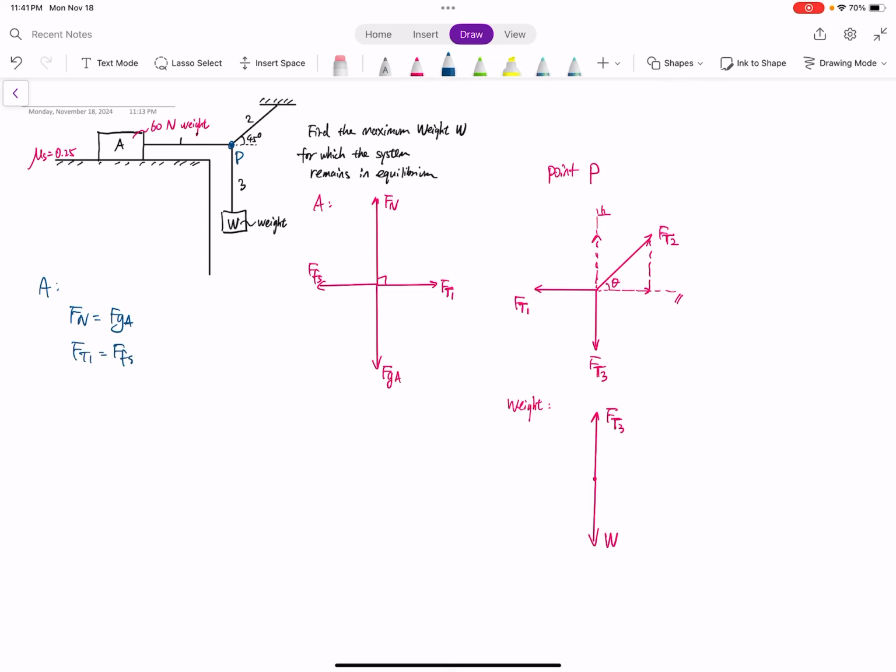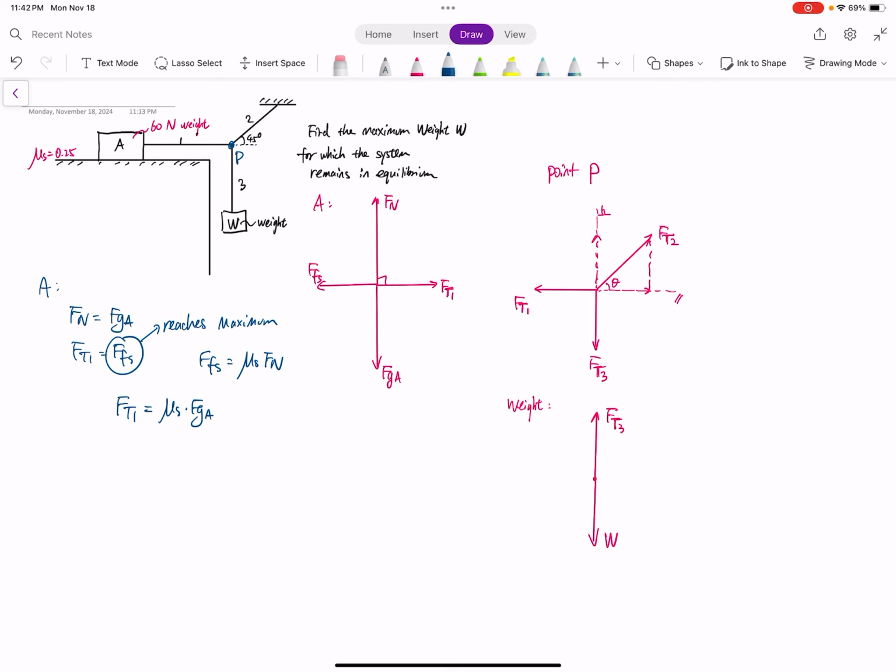The question asks you the maximum weight at which the system remains in equilibrium, so that means the static friction has to reach its maximum, which is F friction static equal to mu s Fn, coefficient times the normal force, and the normal force also equal to the gravity here. So the conclusion for block A, I have Ft1, tension 1, equals mu s times Fga.